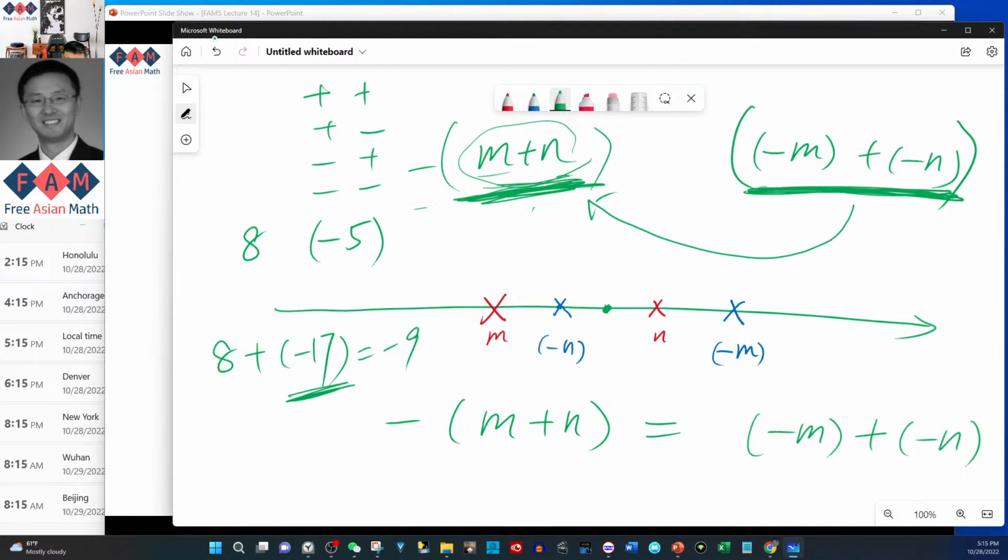So when you discuss m plus n and take the negation, if you really want to prove it, you not only need to discuss the sign of both m and n, you also need to discuss the absolute value of those numbers. That makes the discussion kind of messy, but it's very straightforward.